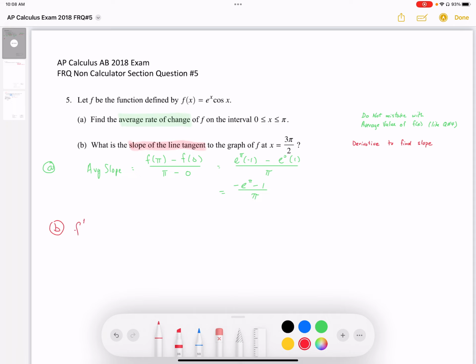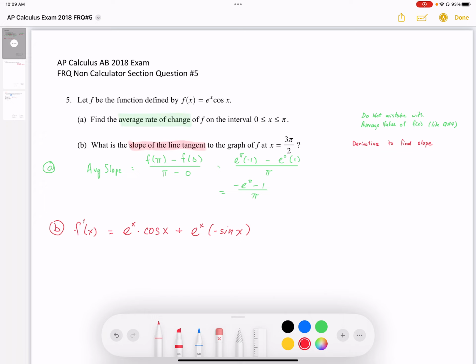F prime of x, because it is a product, e to the x times cos x, we need to make sure we apply the product rule. So the derivative of the first term times the second term undifferentiated, plus the first term undifferentiated times the derivative of cos, which is negative sine x.